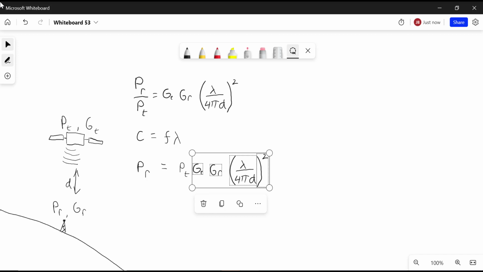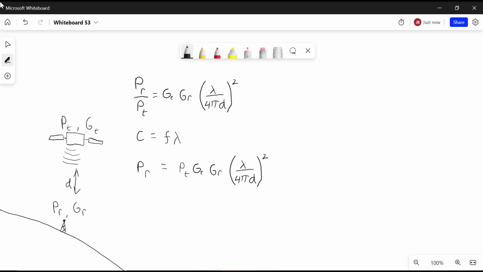So now just a rearranged form, and now this is exactly the same thing. It's just that instead of solving a ratio of power received over power transmitted, I'm just solving for the absolute power.